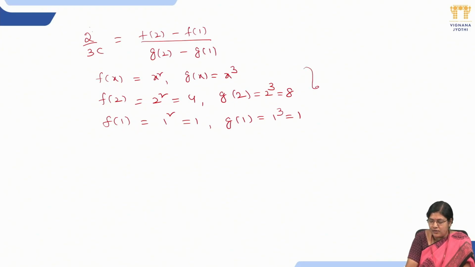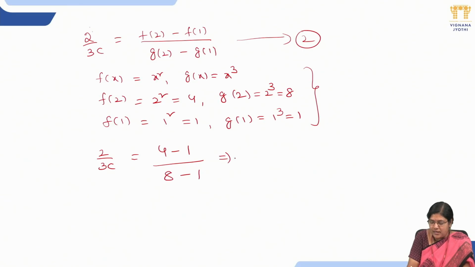Substituting all these values in the above equation 2, we have 2 by 3c is equal to f of 2 is 4 minus f of 1 is 1 divided by g of 2 is 8 minus g of 1 is 1. That implies 2 by 3c is equal to 3 by 7. 4 minus 1 is 3, 8 minus 1 is 7.